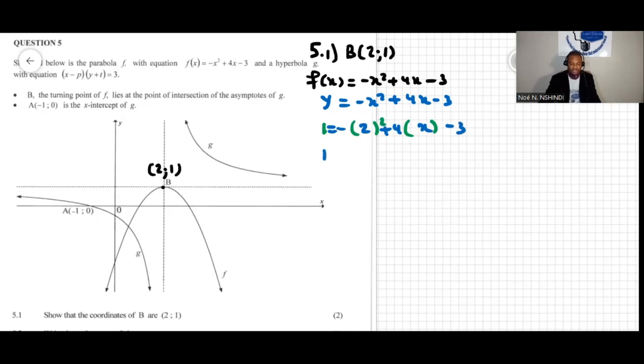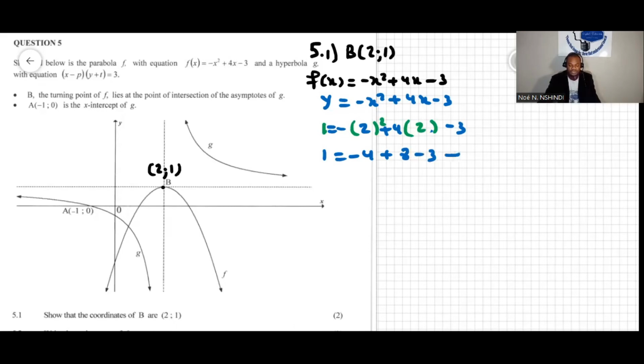This makes 1 equal to negative 4, because 2 squared is 4, plus 8, because 4 times 2 is 8, and then minus 3.